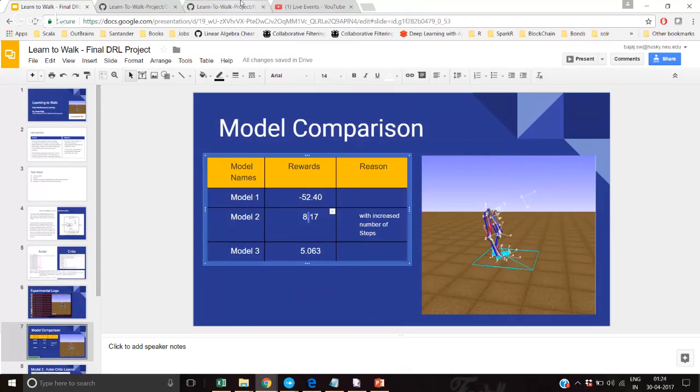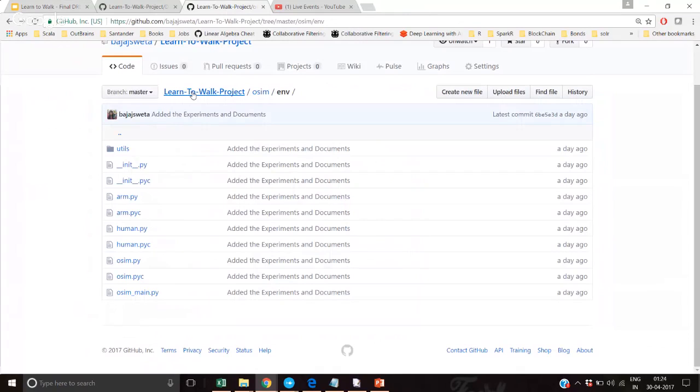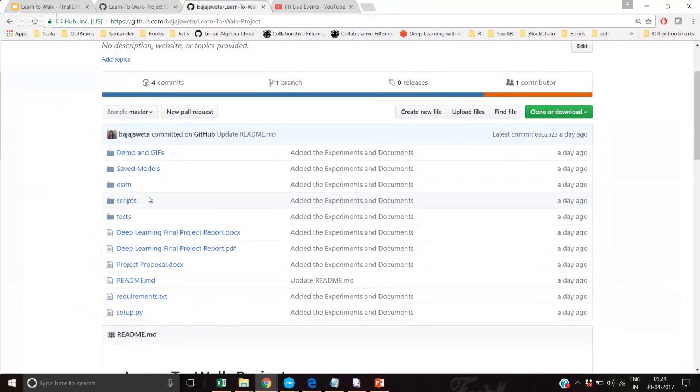Let me just show you how the models look like. So the models, all this is present on the Git repository. The scripts are here. The model 2 basically looks like this, where I've chosen this as the network here. This is the actor.